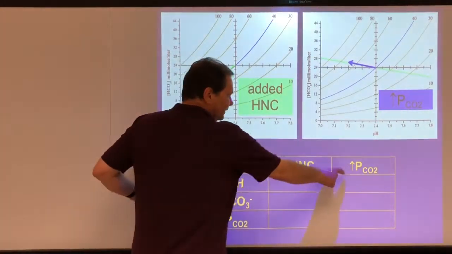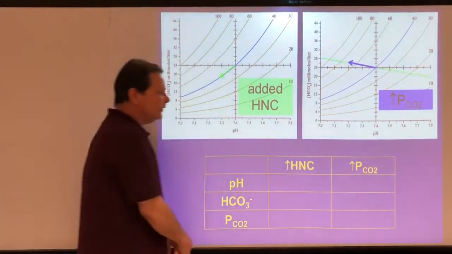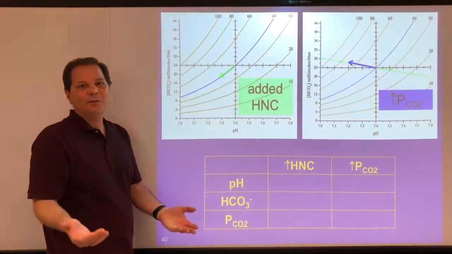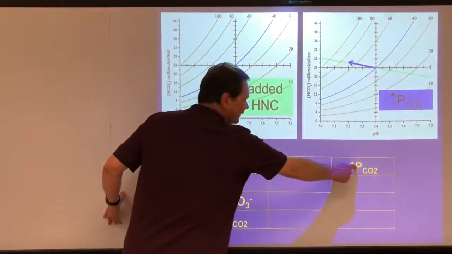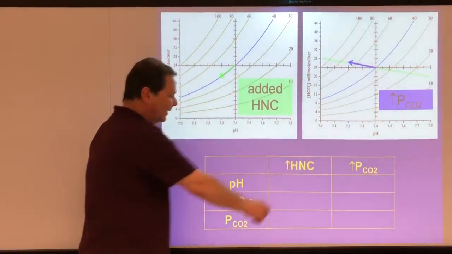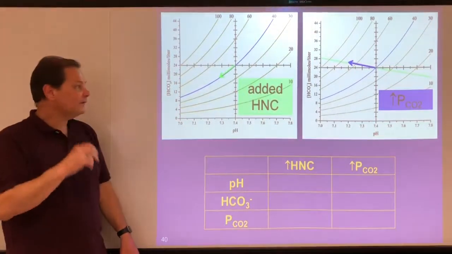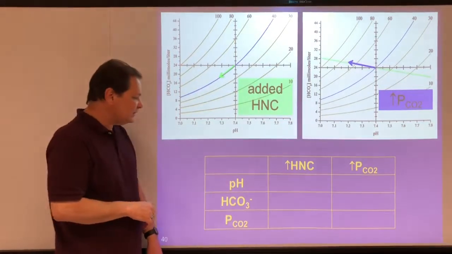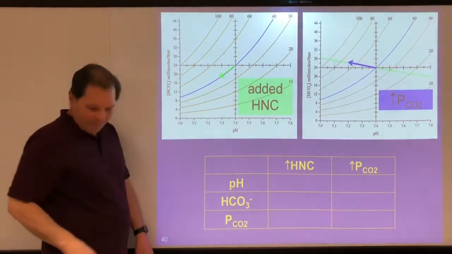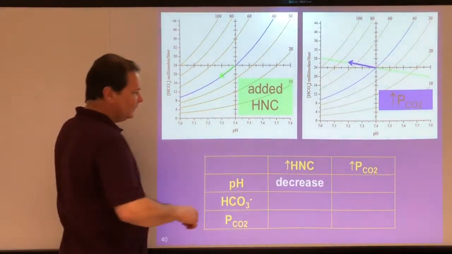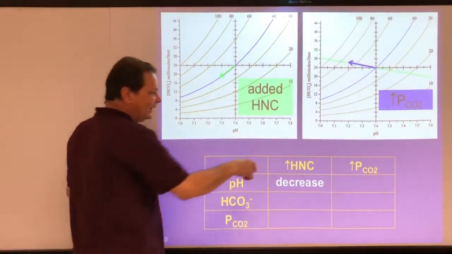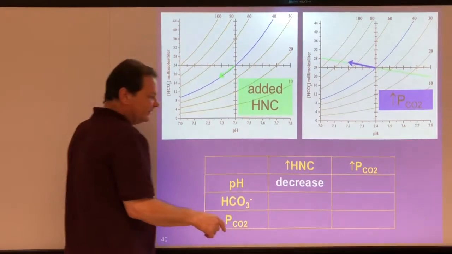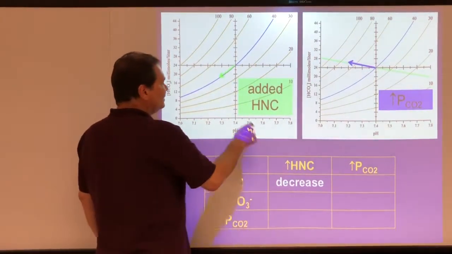And this increased PCO2 could be due to a respiratory problem where you're having a problem with gas exchange. So this would be respiratory acidosis. This would be metabolic acidosis. So what happens to pH? Well, if we increase non-carbonic acid, we're adding hydrogen ions to that, and our pH goes down.